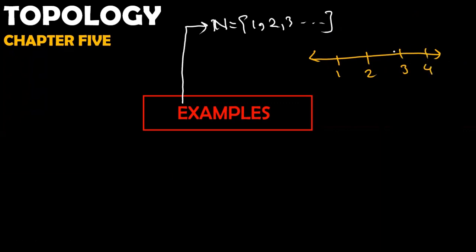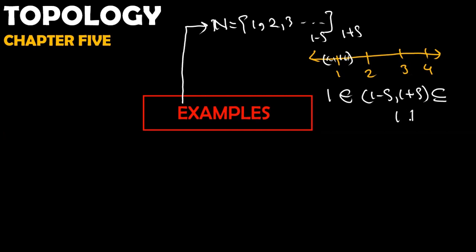Take 1, a natural number: 1 minus delta and 1 plus delta. You know that between two natural numbers there are infinitely many rational and irrational numbers. So the open interval 1 minus delta to 1 plus delta is not a subset of the natural numbers. So you cannot find a neighborhood of any natural number.